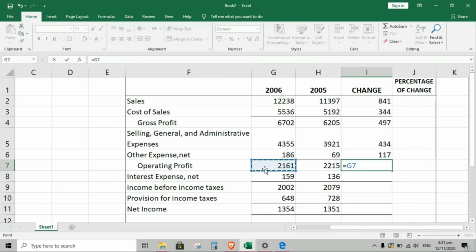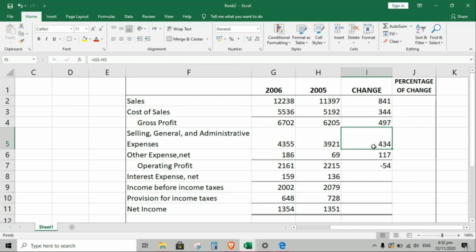Then 2,161 minus 2,215. Negative ang sagot. Sabihin, bumaba yung kanyang operating profit, kasi makikita mo dito, sobrang taas ng kanyang expenses, di ba? 434 yung change. Mamaya makikita natin yung percentage.